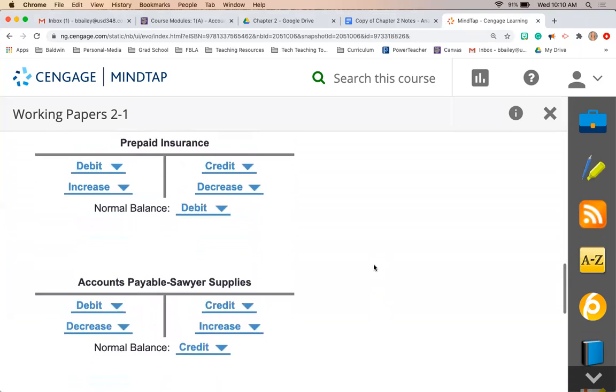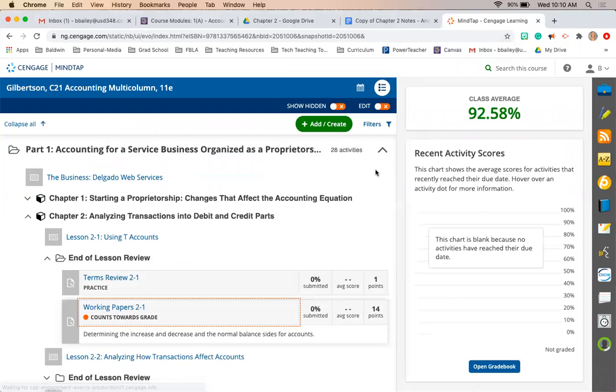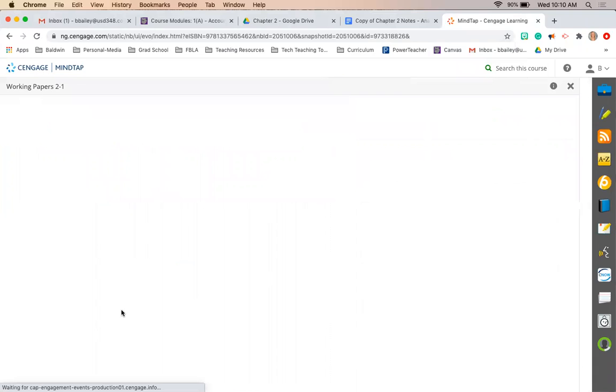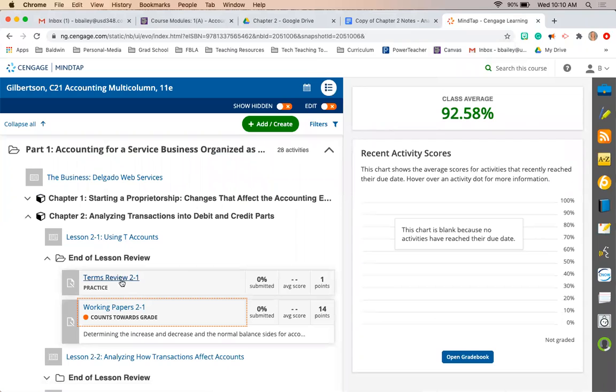Okay, all you guys need to do now is do the on your own. So in working papers, you need to do the on your own 2-1. Make sure you hit the blue I'm done, grade assignment now. Then you need to do the terms for this 2-1.